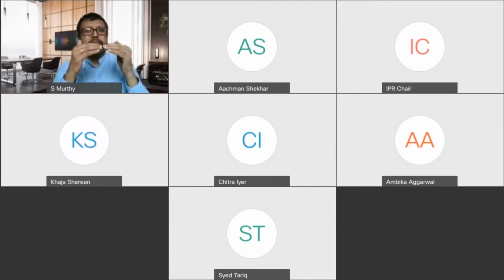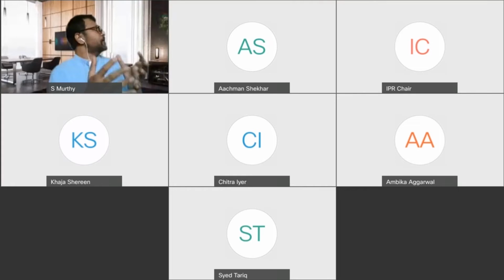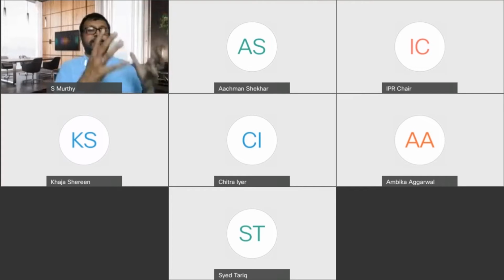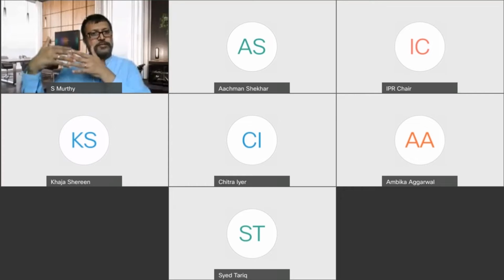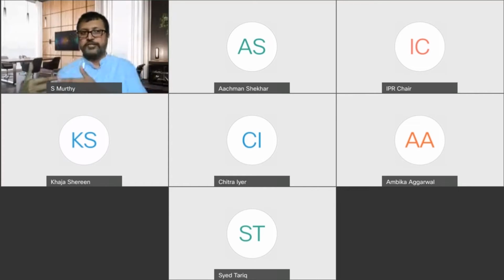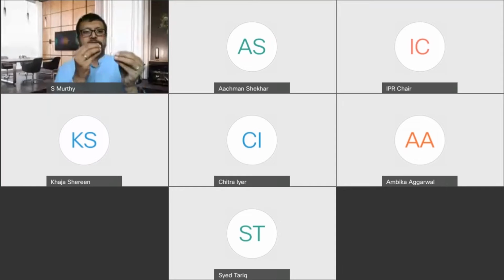But by the nature of this invention getting into a standard, the dynamics of how it is used and its implications do change. So from the examination perspective there is no change, but because a particular patent is included into a standard, how it is viewed changes.